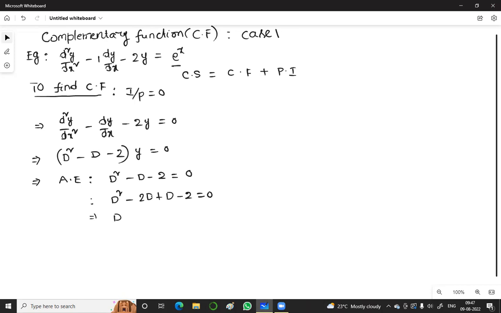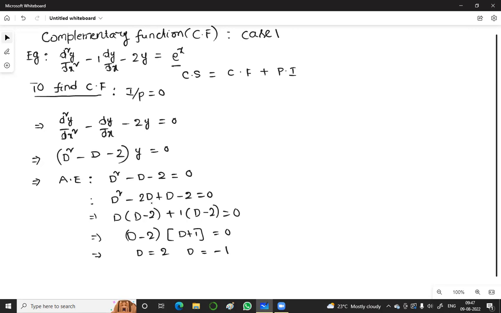That implies d into d minus 2 plus 1 into d minus 2 is equal to 0. Then if you take d minus 2 common, you will get d plus 1 is equal to 0. Now what are the eigenvalues? D is equal to 2 is one eigenvalue, d is equal to minus 1 is one eigenvalue.